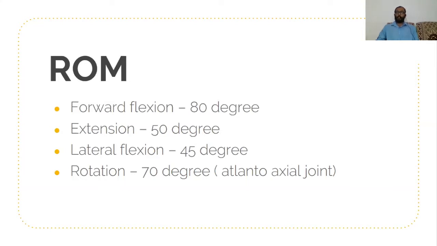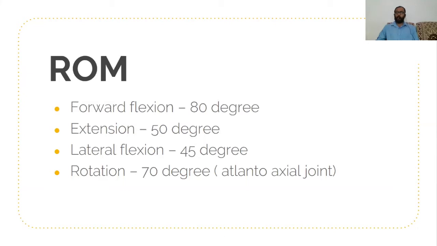Actually, in the cervical spine, the most common cause of pain is cervical spondylosis. The most common cause of shoulder pain is also cervical spondylosis of C4 and C5. The most common site of spondylosis and of disc prolapse in the cervical spine is C5, C6.